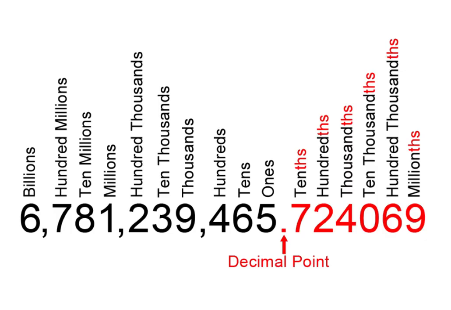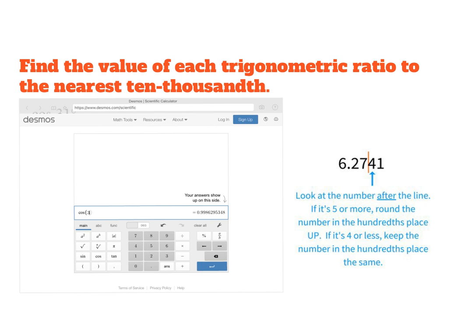I have this chart for your reference, which you can look up in your notes. The ten-thousandths would be that fourth number, so I need to have four numbers after the decimal place. I need to look at that fifth number and decide, do I round up or do I stay the same? So I need to look at my decimal, 8571.